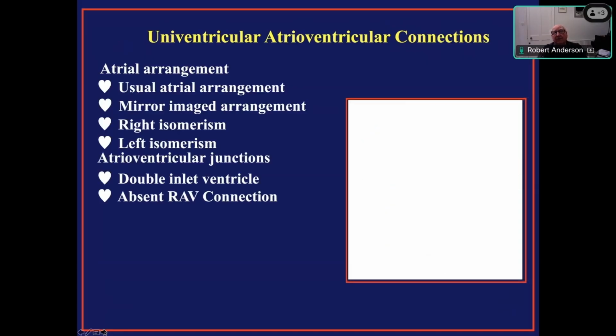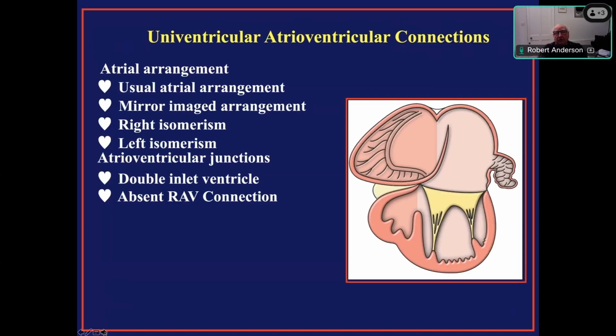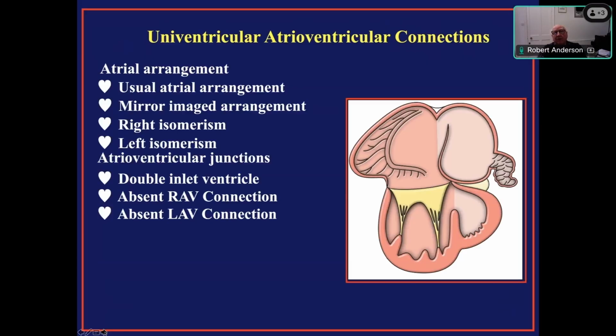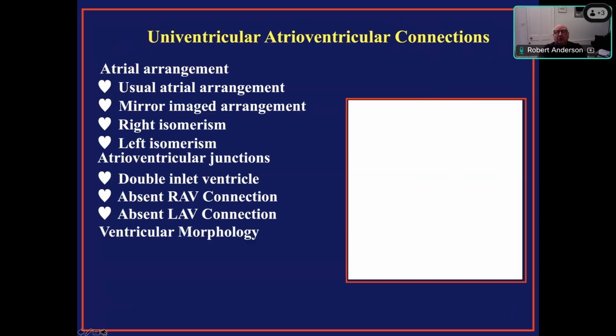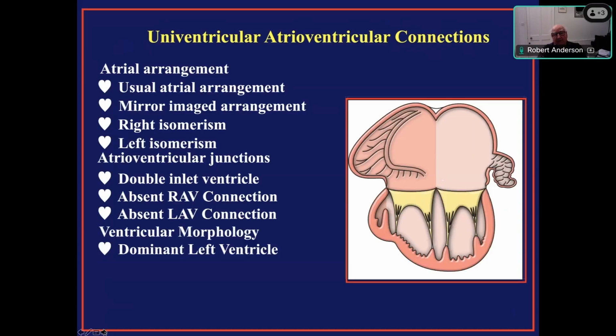But the univentricular atrioventricular connection is also produced when the right connection is absent or when the left connection is absent. And now we need to take note of the morphology of the dominant ventricle. Because when we have double inlet left ventricle, for example, most usually it is a dominant left ventricle with an incomplete right ventricle.